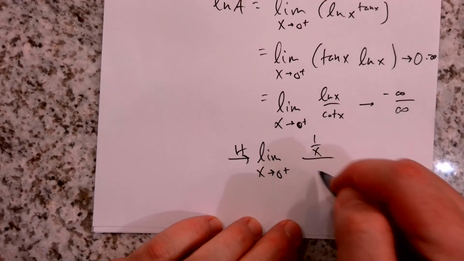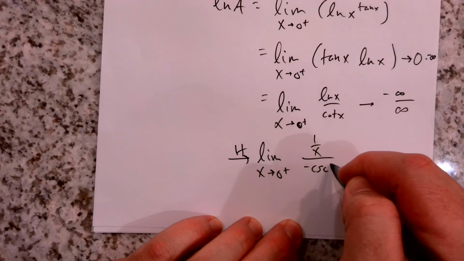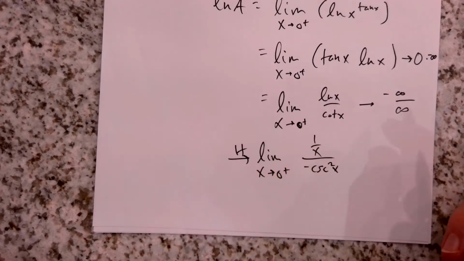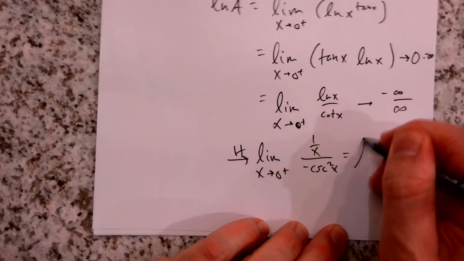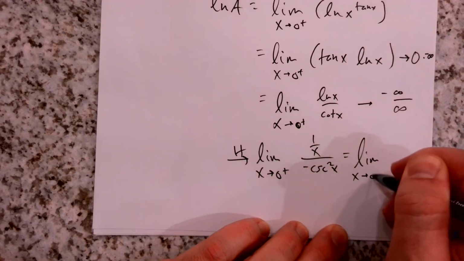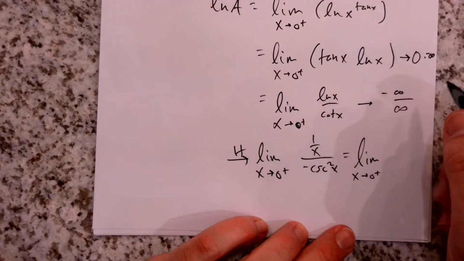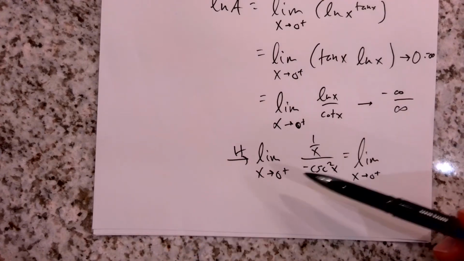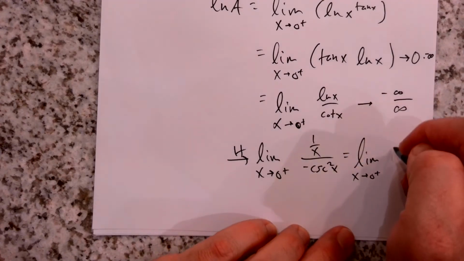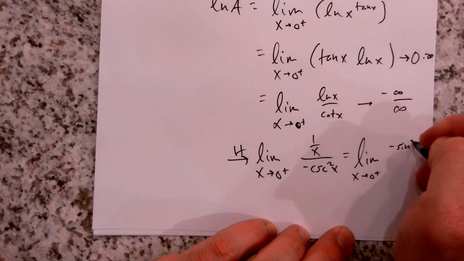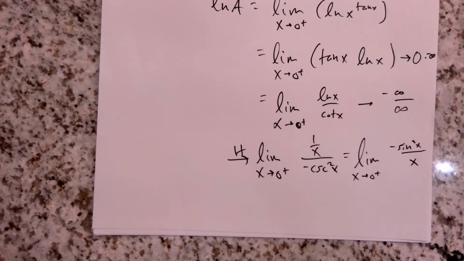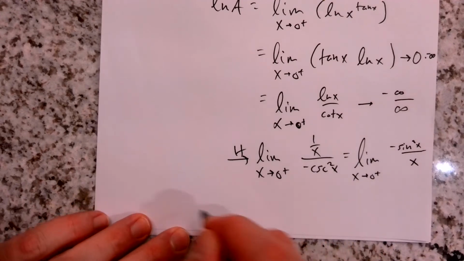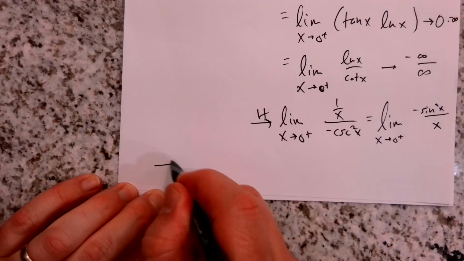Cotangent differentiates to negative cosecant squared. Clean that up a little bit. This is the limit as x approaches 0 from the right side of negative cosecant squared. When you divide by that, that is multiplying by negative sine squared over x. We get 0 over 0, so we use L'Hopital's rule again.